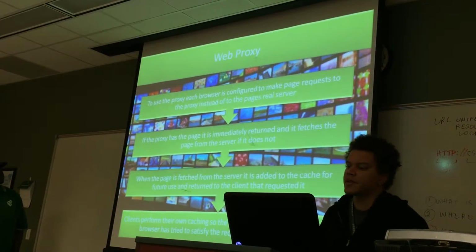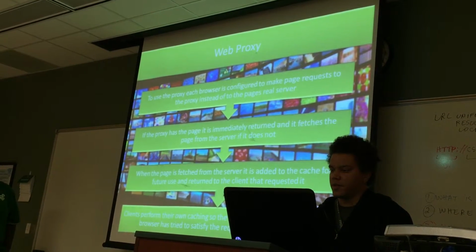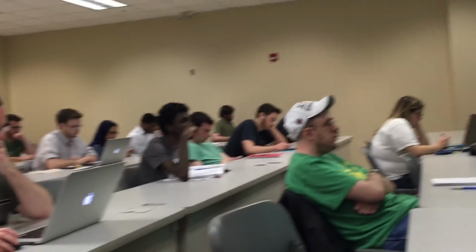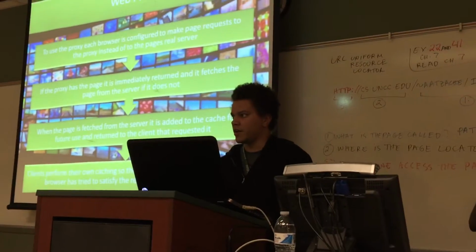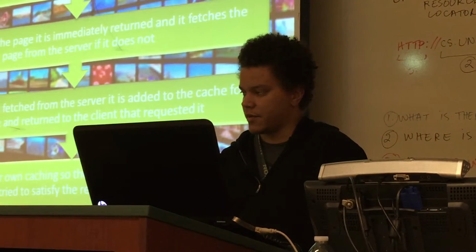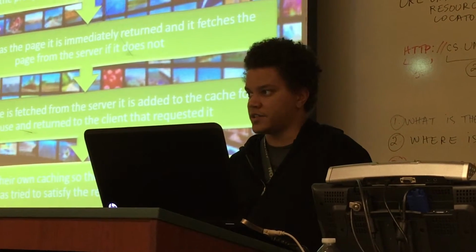Okay. To use a proxy, each browser is configured to address that proxy with any request. If the proxy has already serviced that request, then it's already in the cache for that proxy. So the page will be immediately delivered to that individual. If not, then it would stage a request to that website and pull the information down.